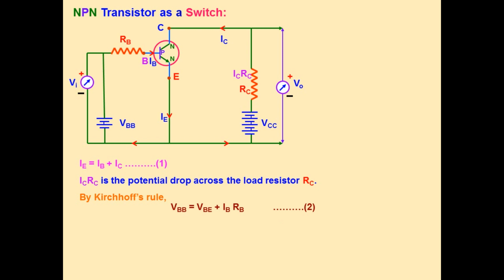write VBB equal to VBE, voltage across base and emitter, plus IB into RB. And VCE, voltage across collector and emitter, is VCC minus IC into RC.